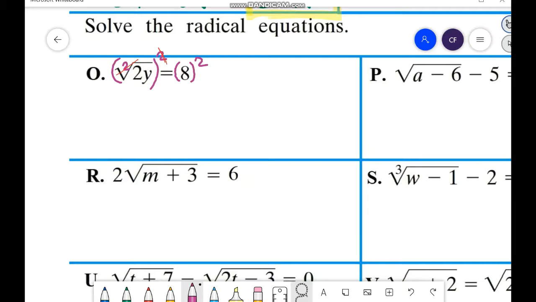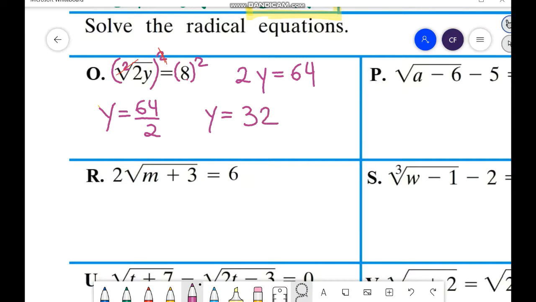You will have 2y equals 8 squared, which is 64. Okay? And divide both sides by 2. y equals 64 divided by 2, and y equals 32. This is the answer for letter O.